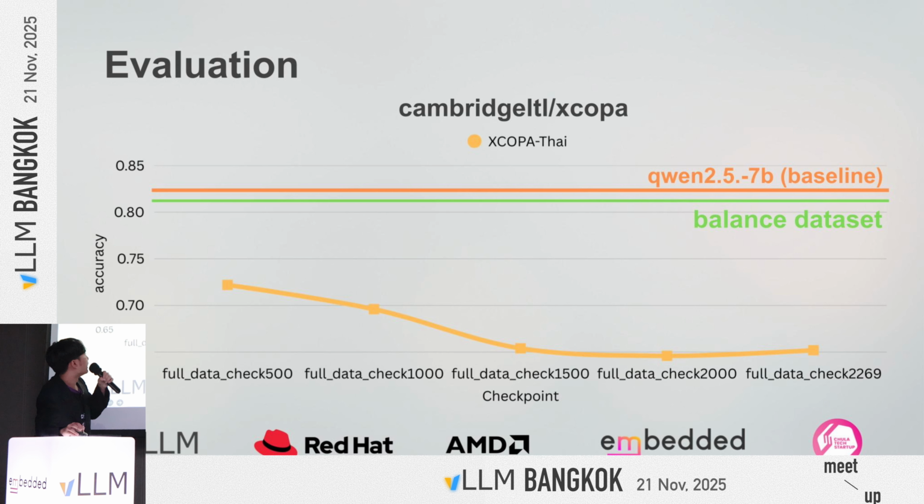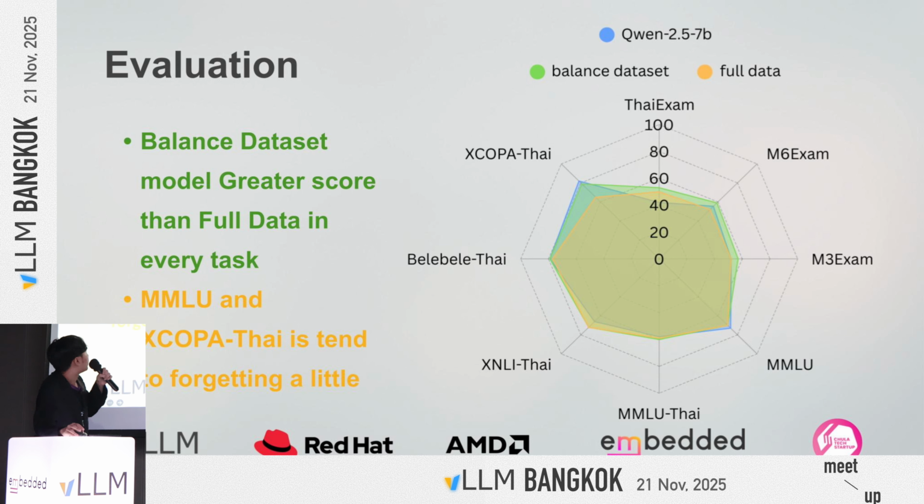As you can see, the full data model is worse than the balanced dataset and the Qwen 2.5 baseline. So that's the overall evaluation.